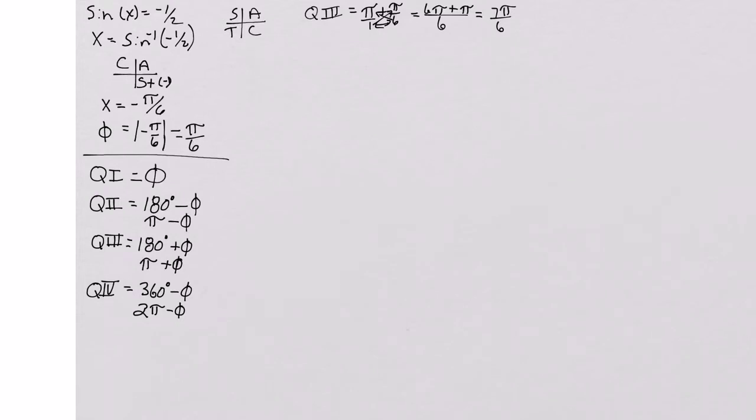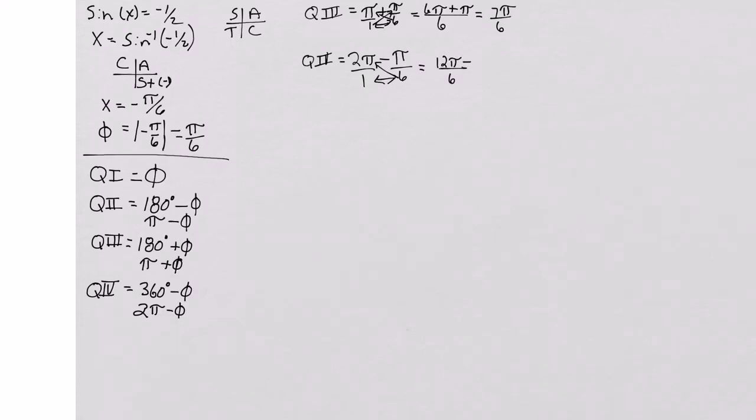Okay, quadrant 4. We have to do 2 pi minus my reference angle, which is pi over 6. Put your 2 pi as 2 pi over 1. Multiply your bottoms. 1 times 6 is nothing more than 6. Multiply from back to front. 6 times 2 pi is going to give me 12 pi.